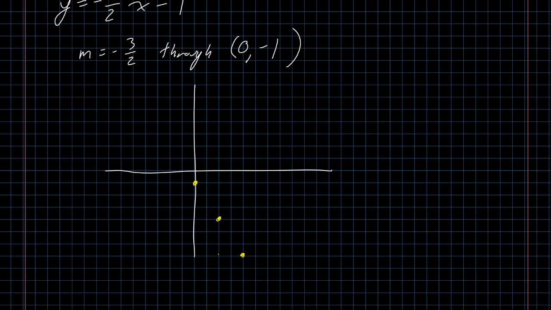Or -3/2 can be thought of as positive 3 over negative 2. So change y by positive 3, change x by negative 2. Do that again, and we have our graph of our line going in that direction.